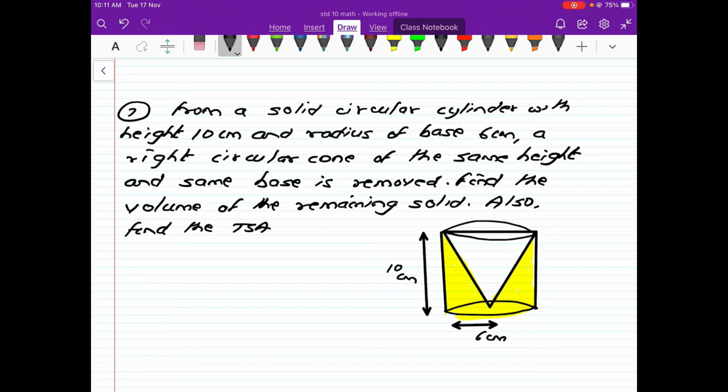So we have to find the volume of the remaining solid, means we have to subtract the volume of the cone from that of the cylinder, and the shaded part is the volume of the remaining part. This is the remaining solid.